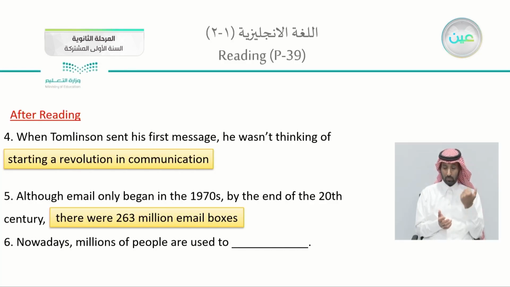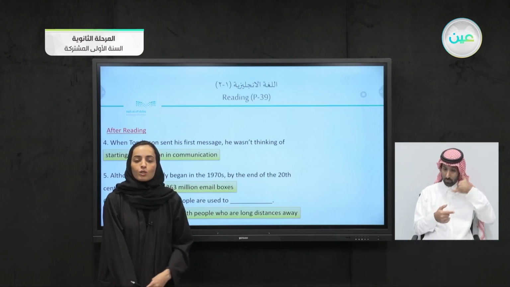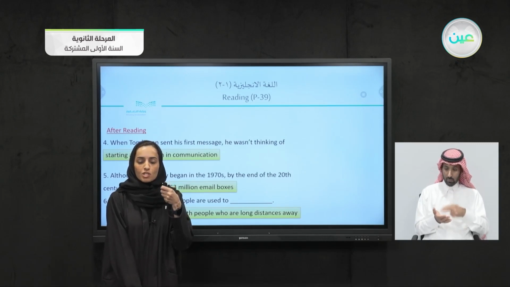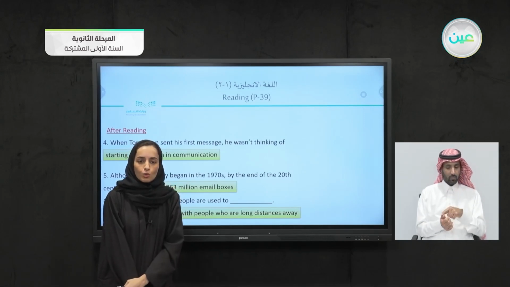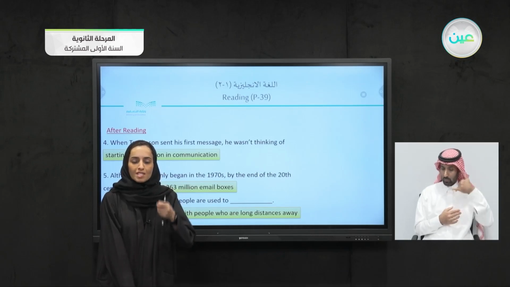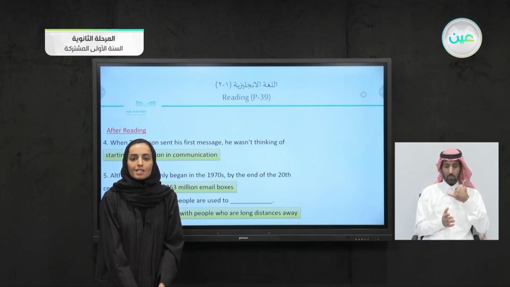Number 6, nowadays, millions of people are used to what? They are used to being in constant touch with people who are long distances away. Think about yourself. Can you resist the idea of texting or sending instant messages? No, we can't do this because we want to communicate with others at the moment. That's why we have the idea of texting.